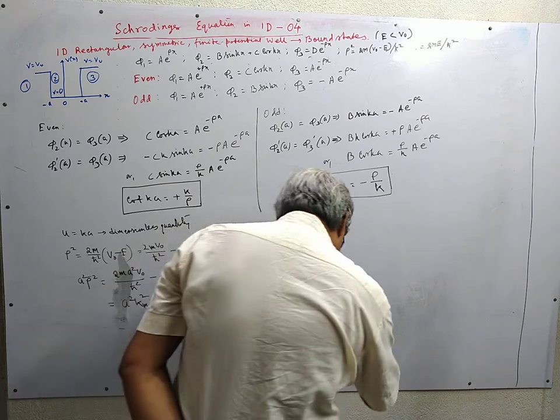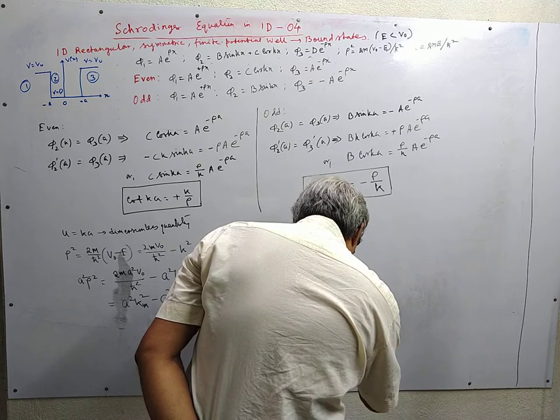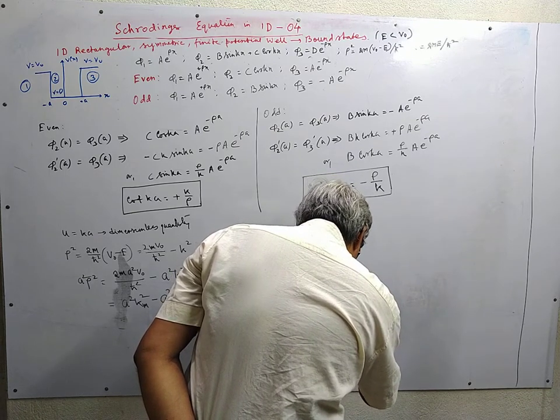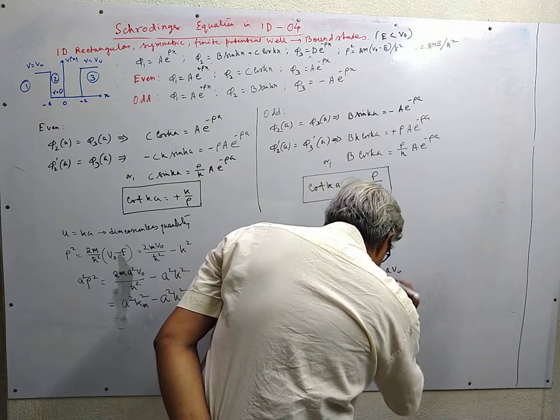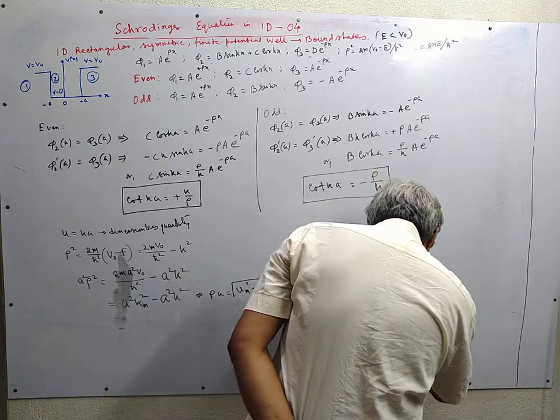We write it as m a by h bar square times P, where P is equal to twice a V0, the strength of the potential, the strength of the well.